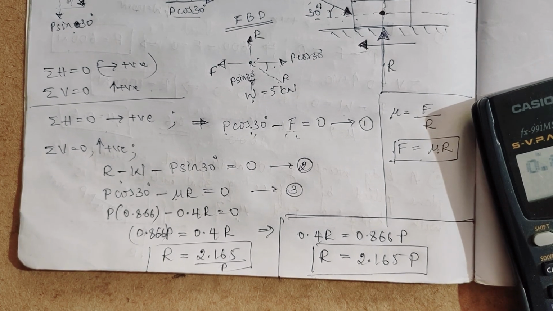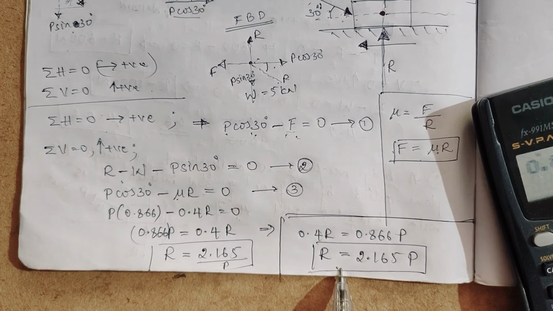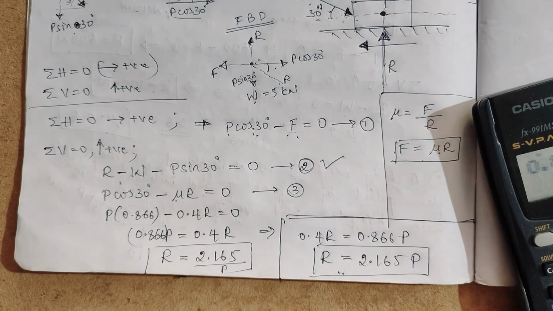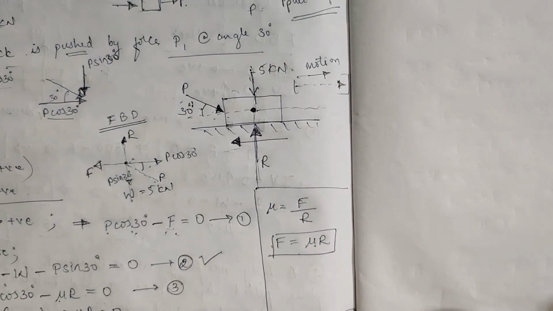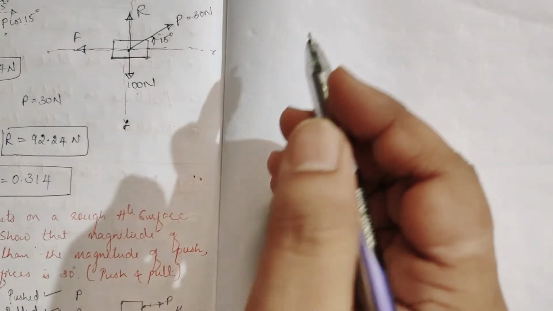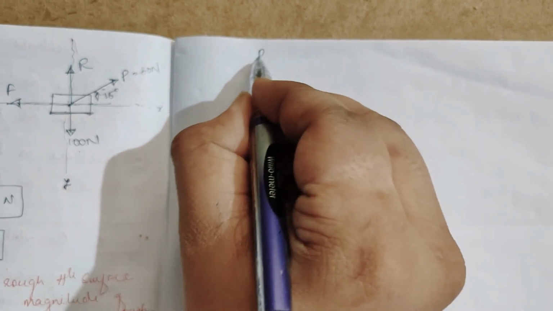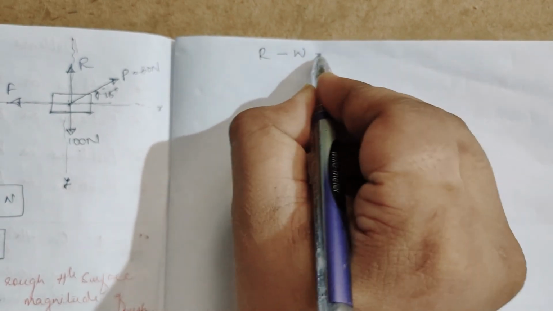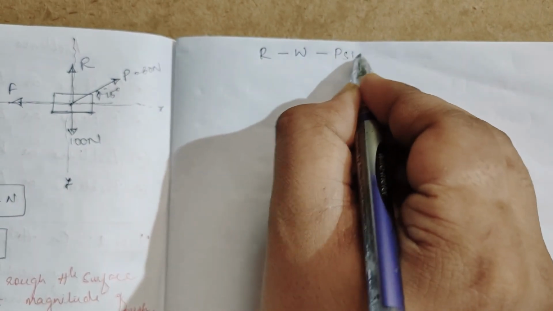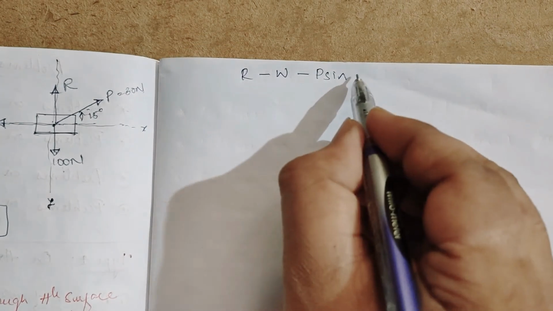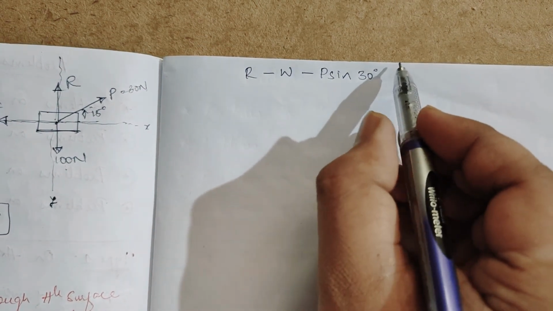Now I'll substitute this value of R in equation number 2. What is equation number 2? That is R minus W minus P sin 30-degree is equal to 0.